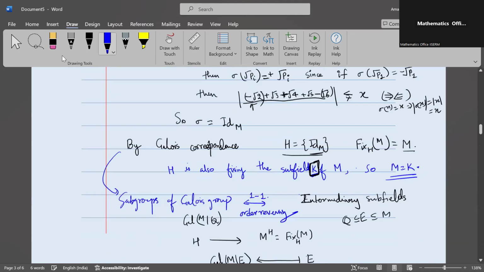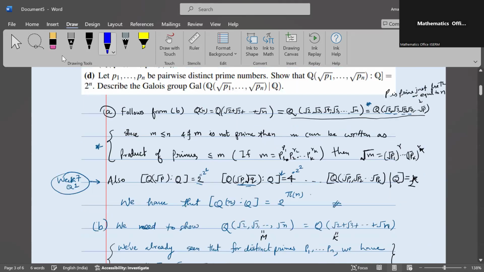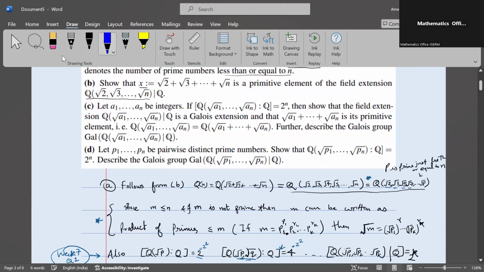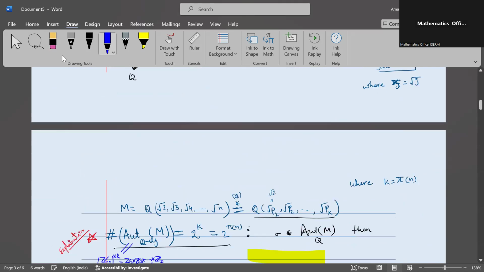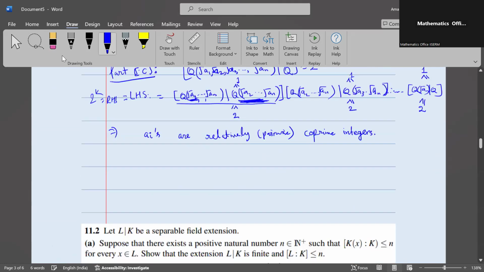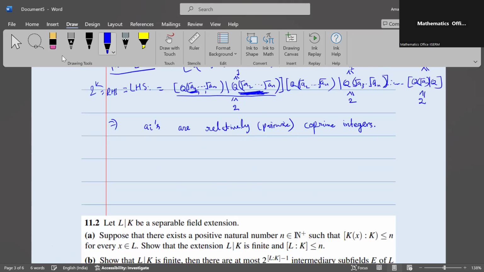And now what we were showing in part C. This is a Galois extension. Of course, it is a Galois extension. What are the choices of any automorphism sigma?